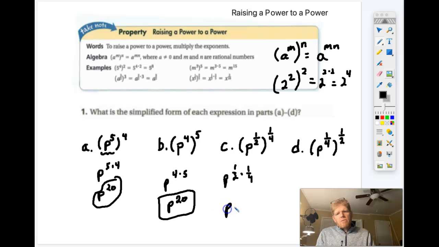And of course that leaves us with p to the 1/8 power. You look over here, we have something similar, p to the 1/4 to the 1/2, which leaves us with p to the 1/4 times 1/2, which again leaves us with p to the 1/8. And that is all there is to it.